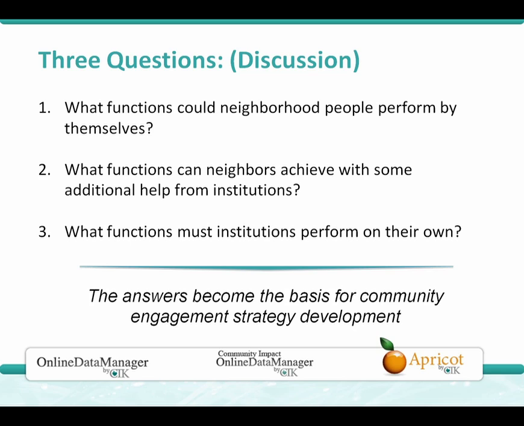Part of that is being very clear about what functions neighborhood people could perform by themselves. Have that dialogue among ourselves, with the community, with our grantees. Are there things you're doing that really could be performed by the neighborhood themselves, and we don't have to do them?